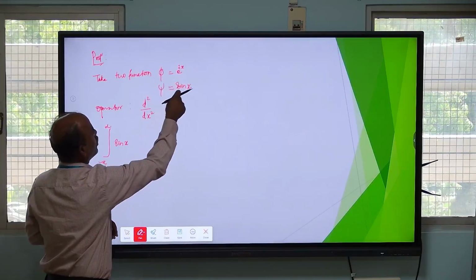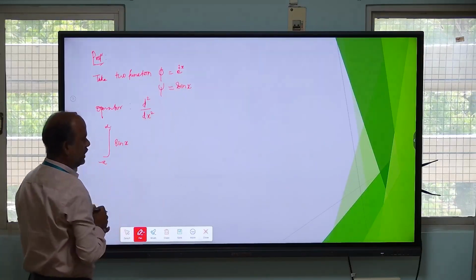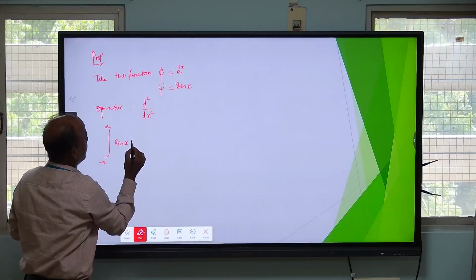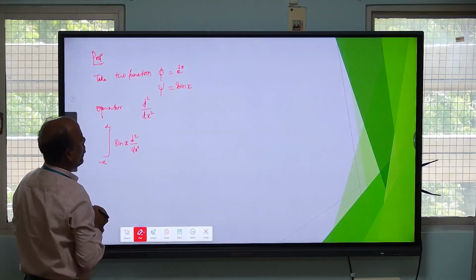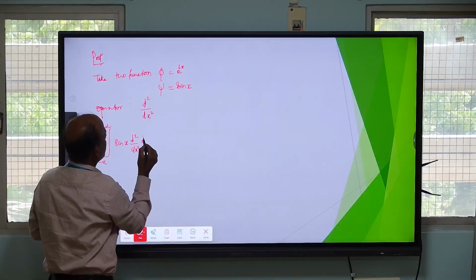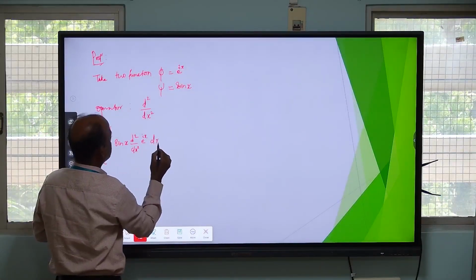Here there is no complex number, so it is not necessary. Psi is equal to psi star. Then, d square divided by dx square of e power ix dx.